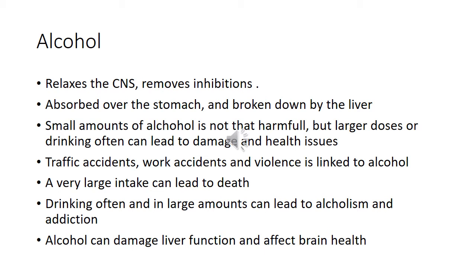Caffeine hits another one, nicotine hits a third one, but alcohol works more as a generalized dulling of the central nervous system. So when we drink alcohol, it will go in and relax our central nervous system, and that removes inhibitions. That means you might be more likely to dance, talk to people you normally wouldn't talk to, and just be in a more relaxed mood.